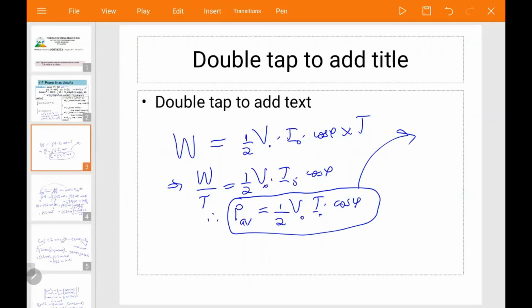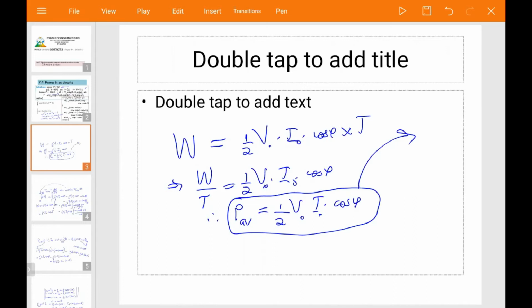I'll start with you. If you have a pure R circuit, you know that voltage and current are in phase. How much power does the resistor consume over one cycle? You get half V0 I0 cos phi. Phi is the phase angle. Does anyone care to answer? How much is the phase angle when you have a pure R circuit?